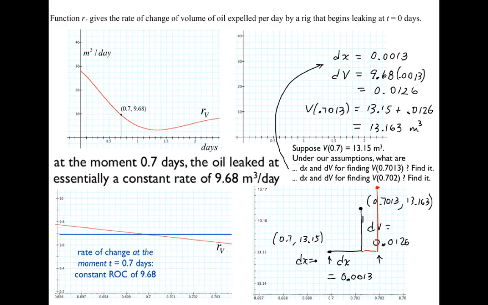Agree? Here, dx equals 0.002. So if we imagine dx varying between values of 0 to 0.002, then what results would we get? What result would we get, imagining that dx was varying, in terms of volume of expelled oil into the ocean?